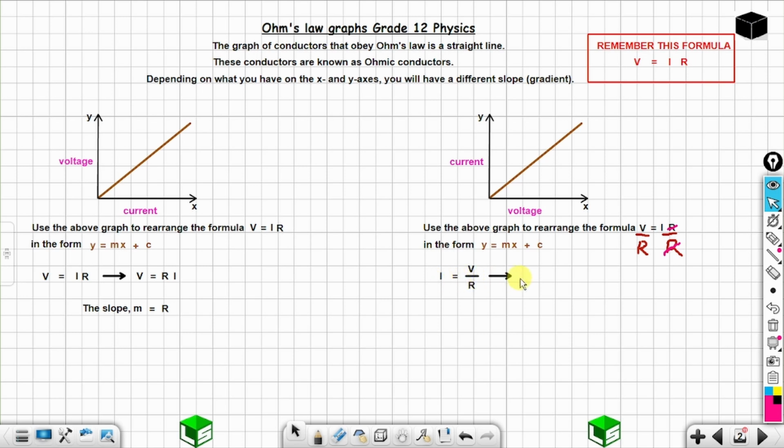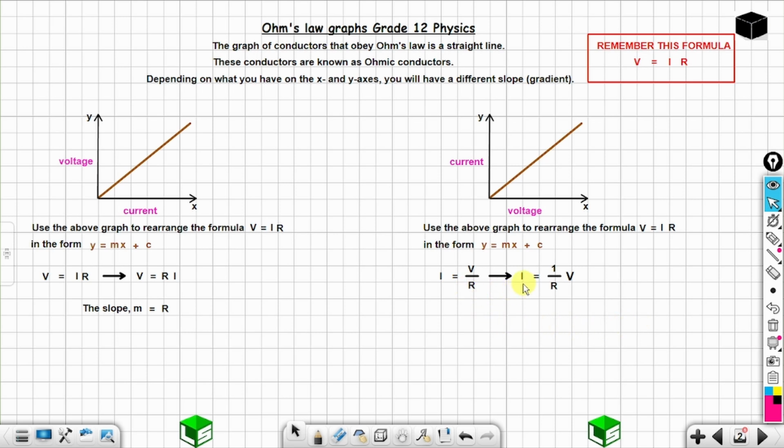Current is equal to, there is an invisible 1, so you have 1 over R times V.